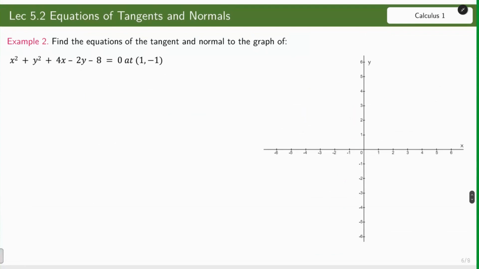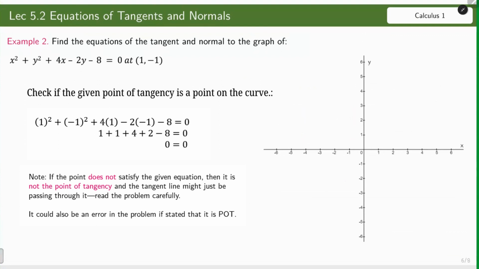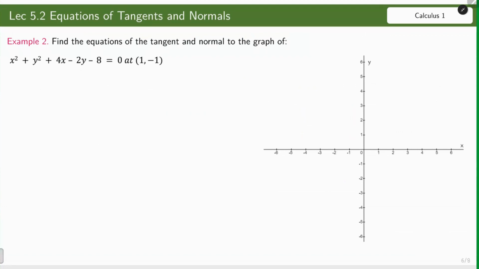Example 2, x squared plus y squared plus 4x minus 2y minus 8 is equal to 0 at (1, negative 1). So we can actually get the equation of tangent and normals right away from here without graphing this first.